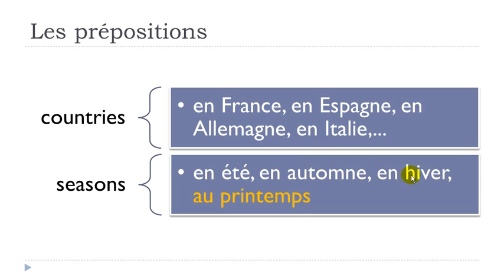And then en hiver, make the little liaison here. En hiver, hiver is winter. Au printemps, so keep in mind that for printemps, you will have to use au and not en. Printemps is spring. En été, en automne, en hiver, au printemps, all right?